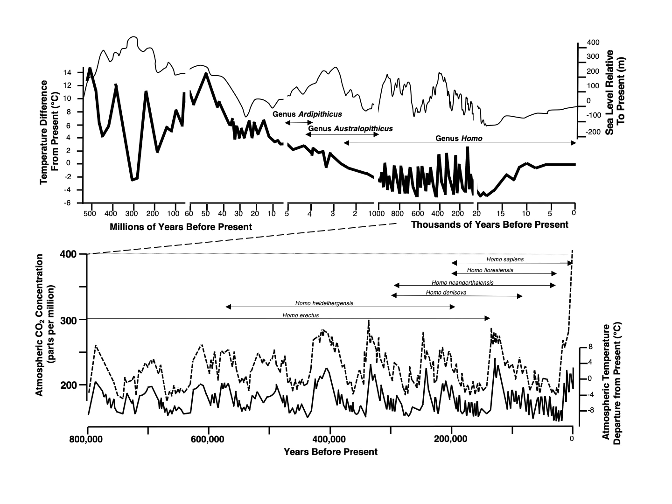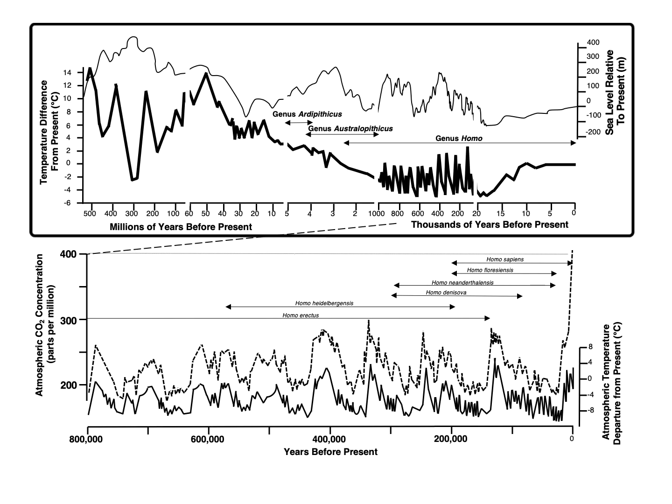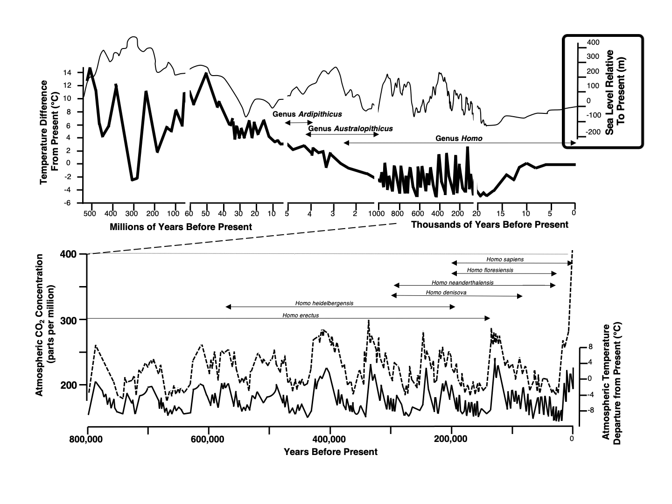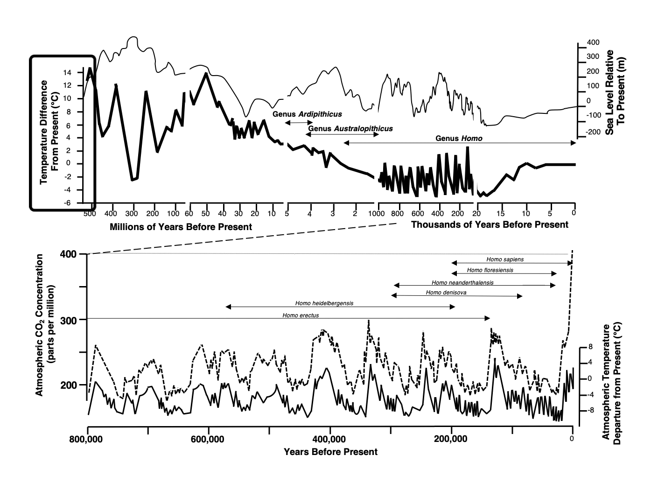A couple of different graphs here. The top graph shows the mean sea level and also the temperature of the atmosphere on Earth. So the genus Homo has been existent again around 2 to 3 million years.